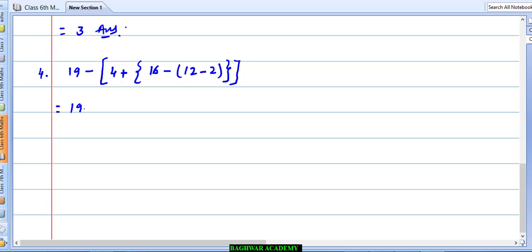19 minus big bracket open 4 plus curly bracket open 16 minus 12 minus 2. This portion is required to be solved because this is in the small bracket. So 12 minus 2 is equal to 10.